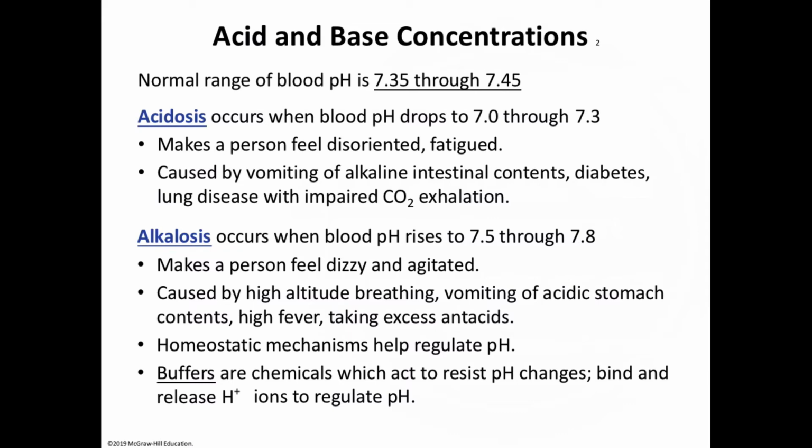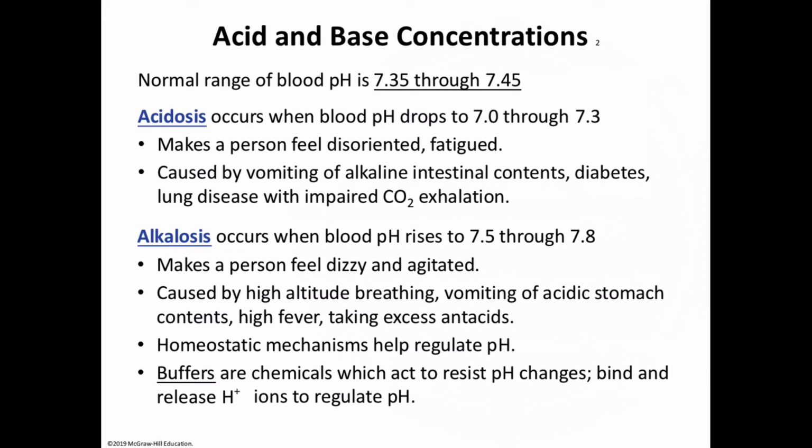Because the pH of blood is normally slightly alkaline, notice 7.35 to 7.45, we need a term other than acidic and alkaline to refer to abnormal blood pH.